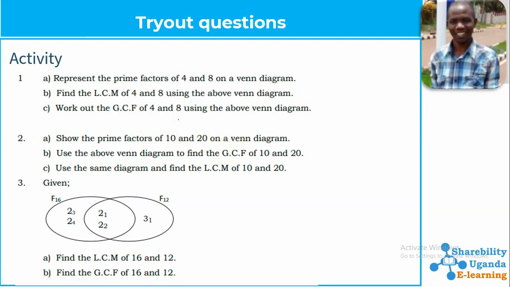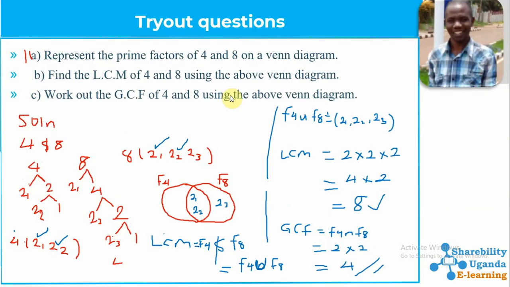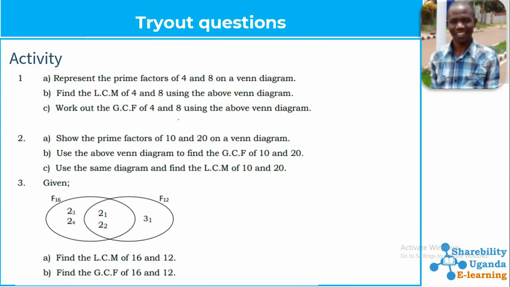In question 1, we said represent the prime factors of 4 and 8 on a Venn diagram, and part B says find the lowest common multiple of 4 and 8 on the above diagram.